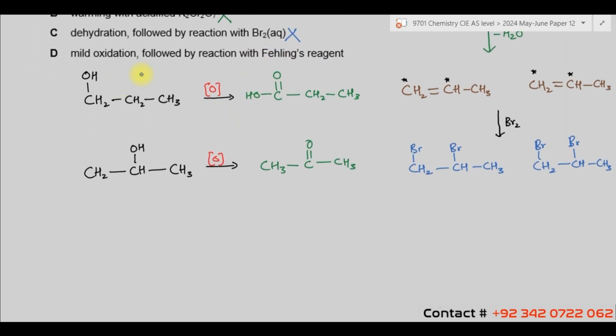Last part is mild oxidation followed by reaction with Valence reagent. Alright, let's do mild oxidation for primary alcohol. So it will become aldehyde. For this part, if we do mild oxidation, it will become ketone.